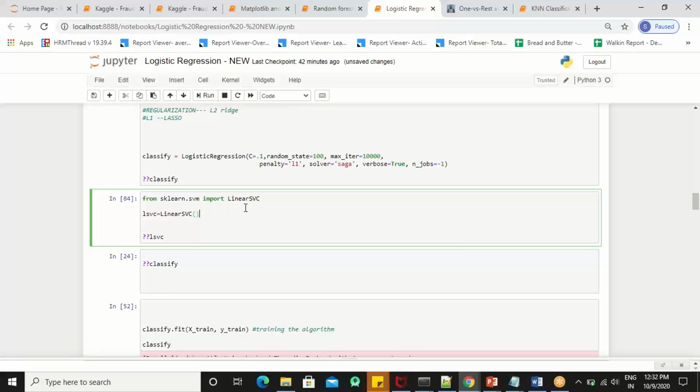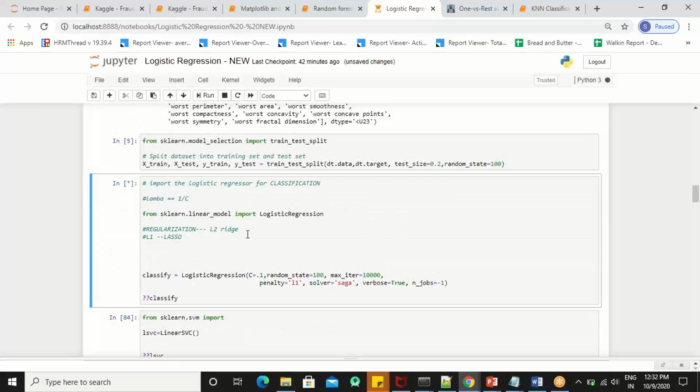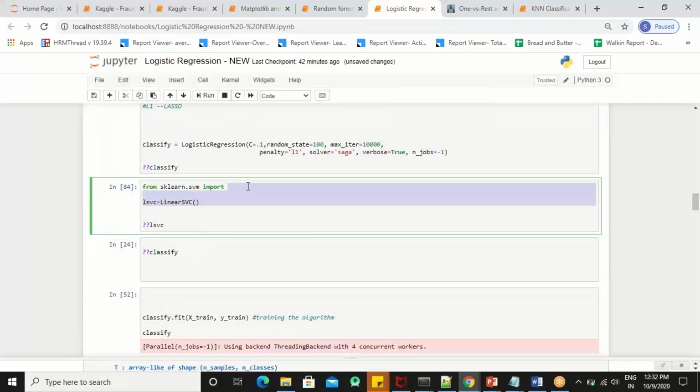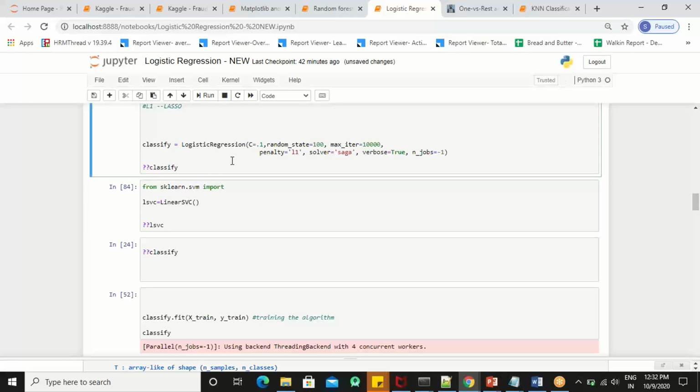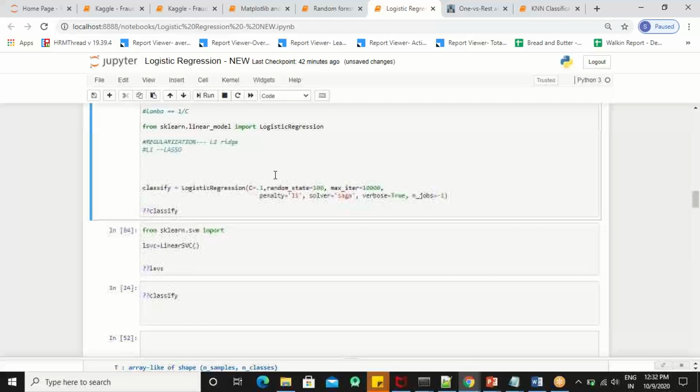One second. I think some problem is happening with this notebook.